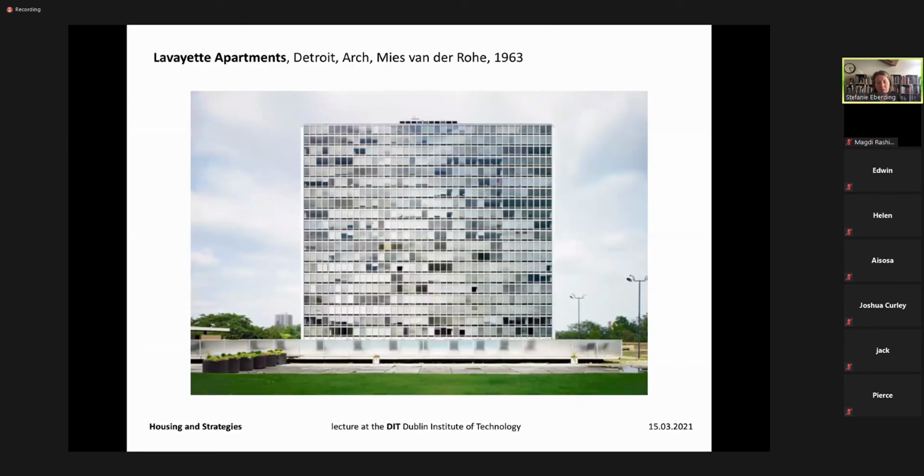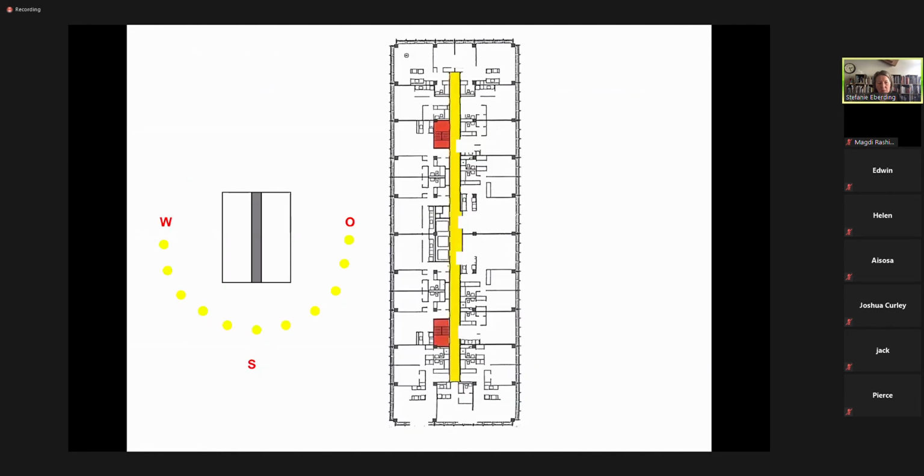One really famous example is the Lafayette Apartments in Detroit by Mies van der Rohe from '63. You can see the inside corridor and the two vertical staircases. You also see the orientation of the building, and that no apartments are oriented towards north.